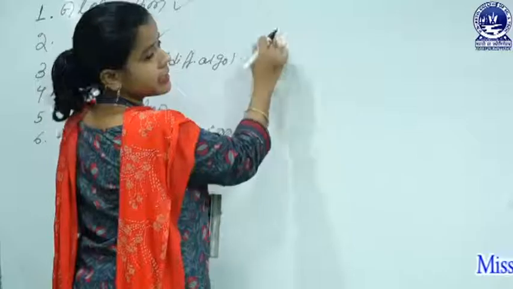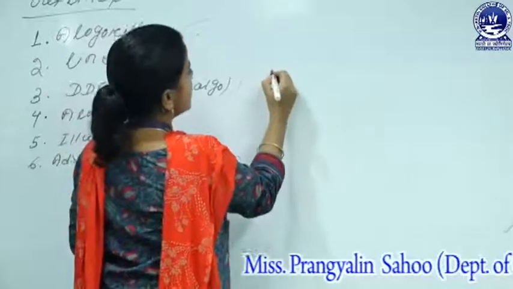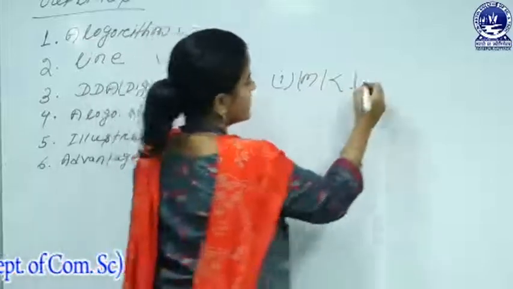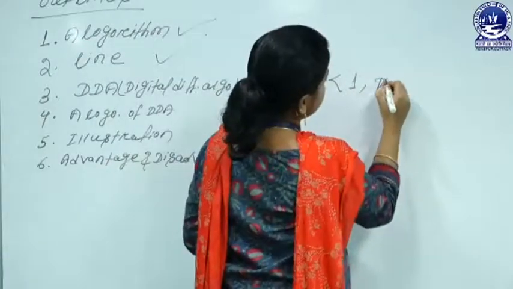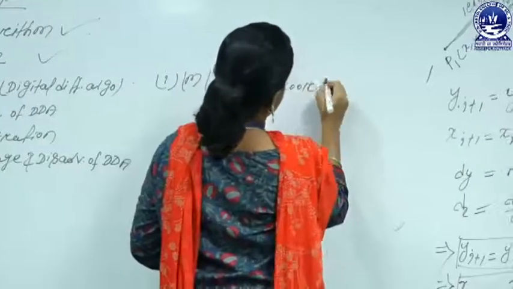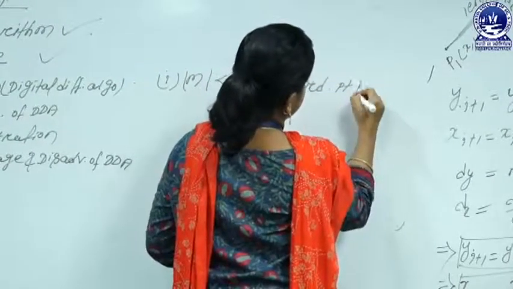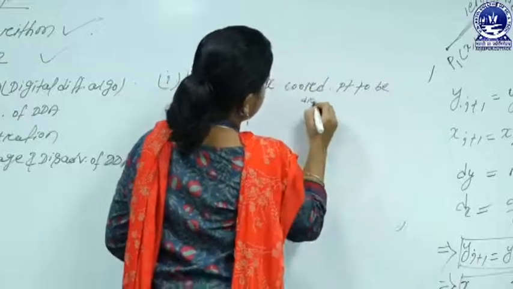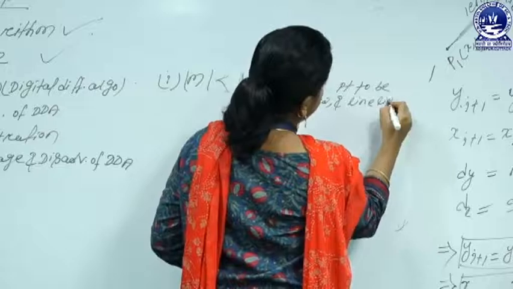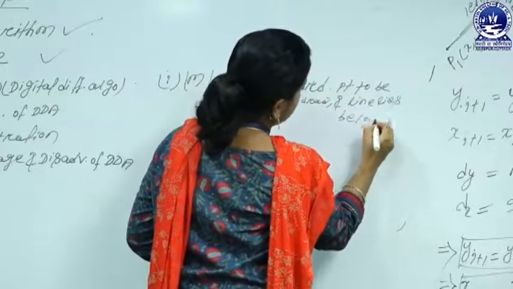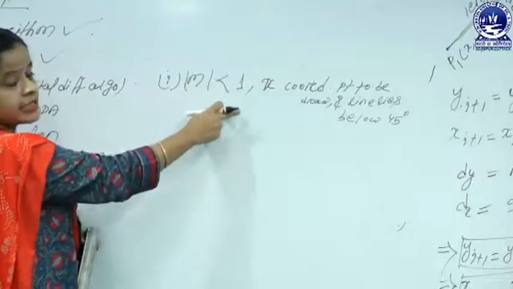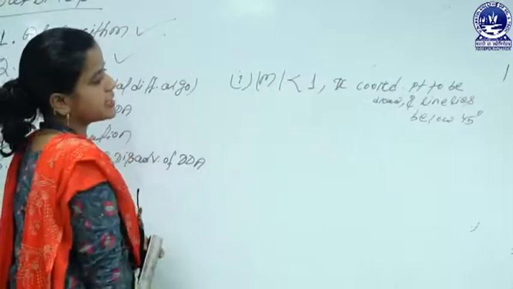These 3 rules in case of DDA line drawing algorithm are: when the slope is less than 1, here the x coordinate points are to be drawn and the line lies below 45 degree.